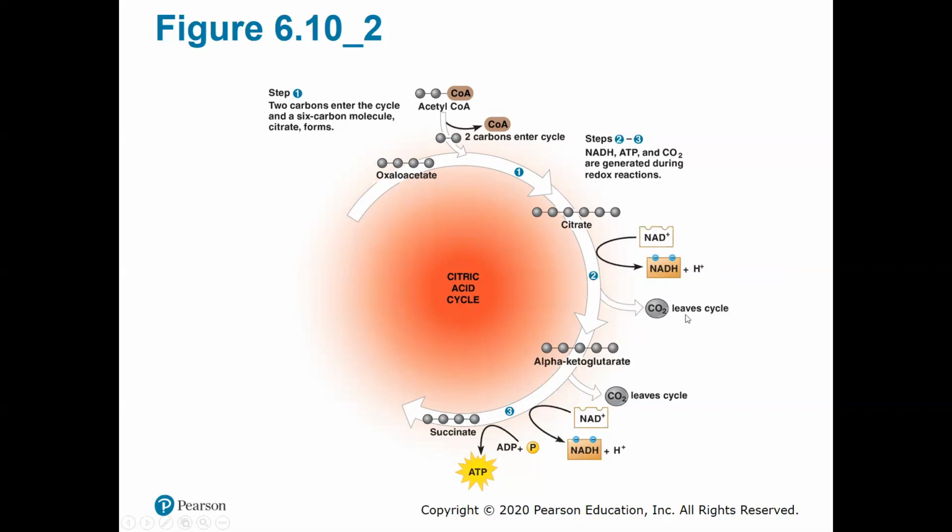You'll drop off carbon dioxide as a waste product. Some more chemical reactions occur. Drop off more carbon dioxide. This is a waste product. You gain another hydrogen here from NAD plus, and it will become an energy carrier. And then some ATP will be created here as well.